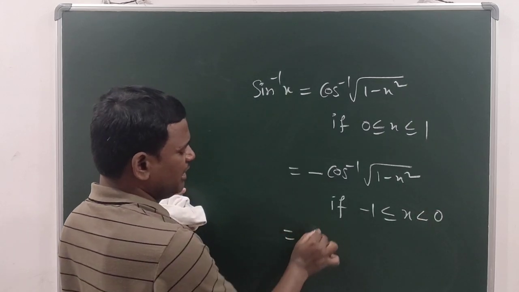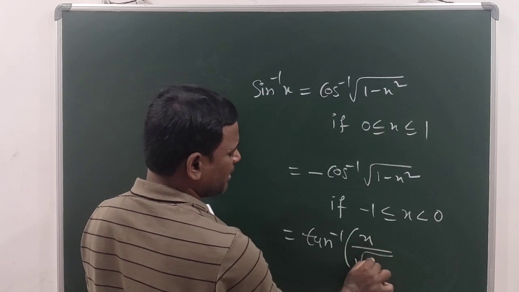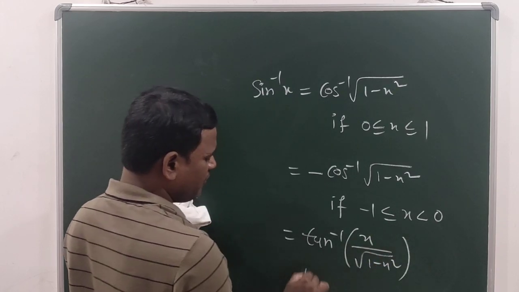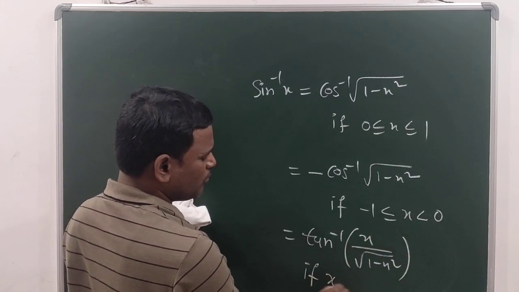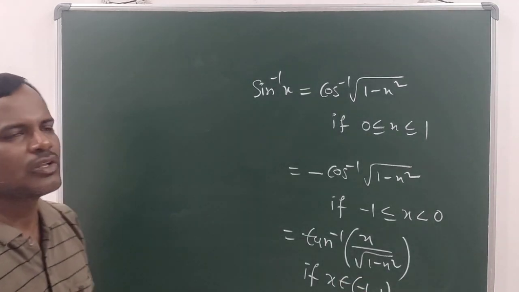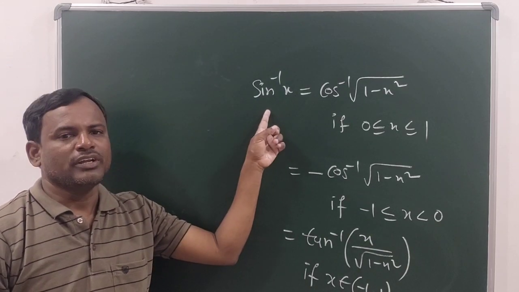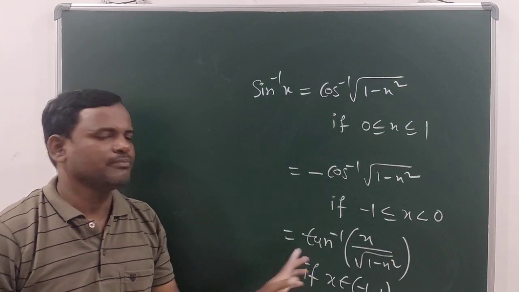Now this is equivalent to tan inverse of x by root of 1 minus x square if x belongs to the open interval of -1 to 1. Okay. So we have discussed sine inverse of x equal to these three.